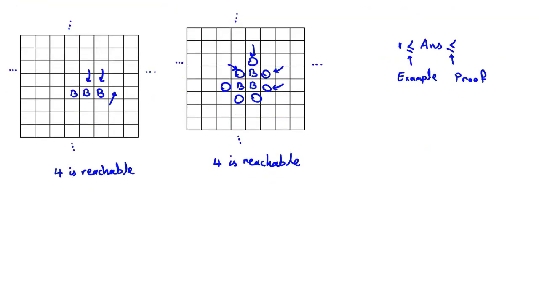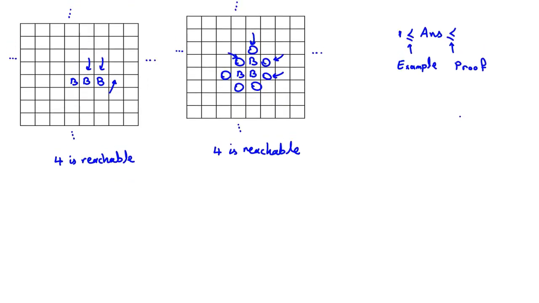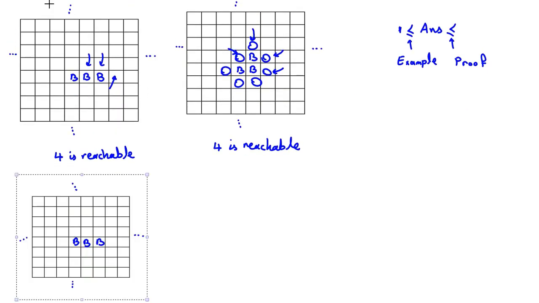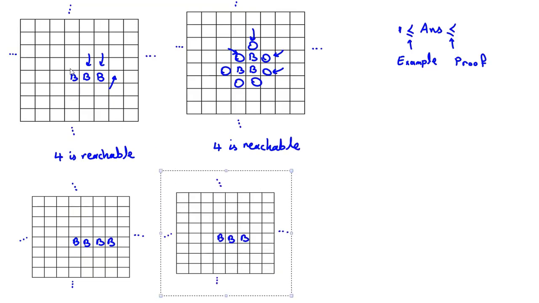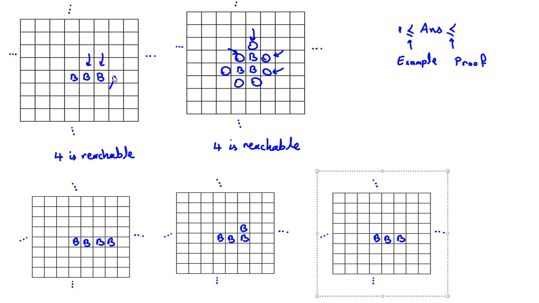Let's consider these cases to see whether we can always reach 5 or not. Okay, let's consider these 3 cases. One of them here, the other one in this position, and the other one. Let's focus on case 1 first, and then we focus on case 2.